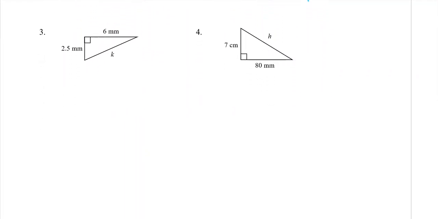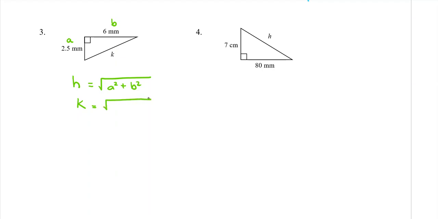So all of these ones are going to be finding the hypotenuse. So let's go. H for hypotenuse equals square root a squared plus b squared. Okay. A is going to be the 2.5 and b is going to be the 6. Let's sub it in on the second line. And because there's a k there, we can say k instead of h.